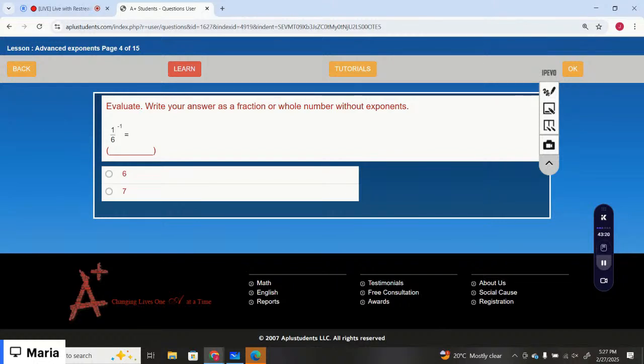So which is the correct option? That is option number 1. 6 it is. Option number 1 is the correct option.